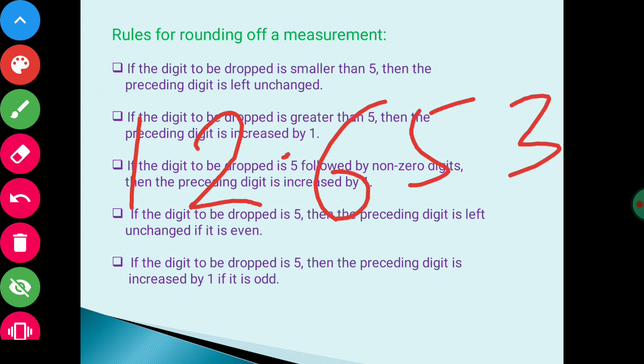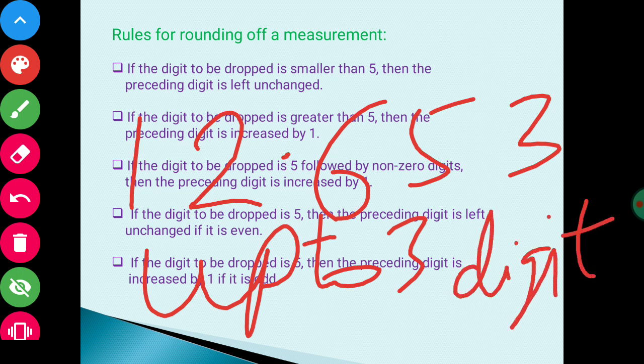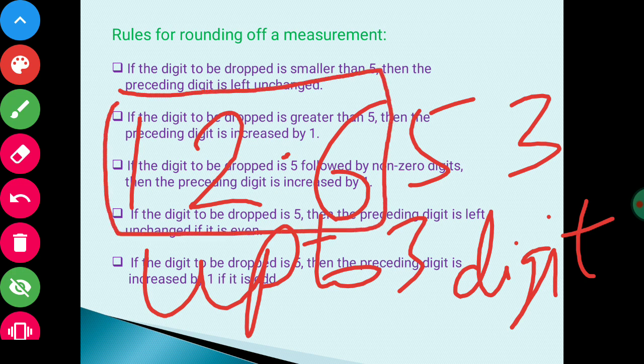12.653, and the question says that you have to round off up to 3 digits, means only this one. So you have to round off. Is it clear? Now the rule says if the digit to be dropped is exactly 5, followed by non-zero digits, then the preceding digit is increased by 1.